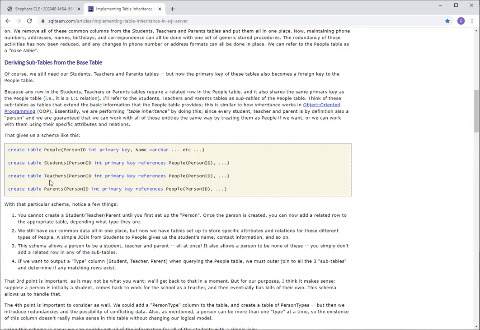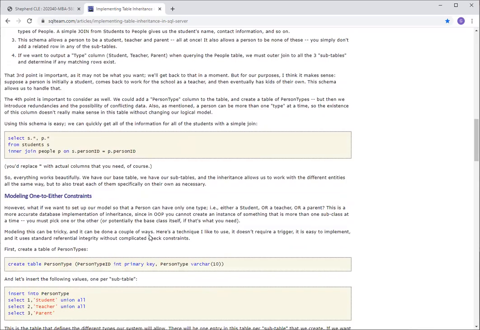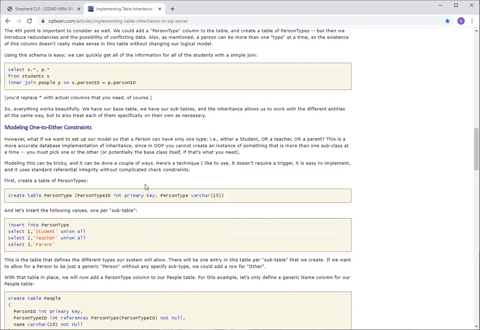Create table, let's say instructors, and then the key person ID references the people person ID key, and so on. And then we could create a join where we join together, say, a person and student, so we get all the information together.